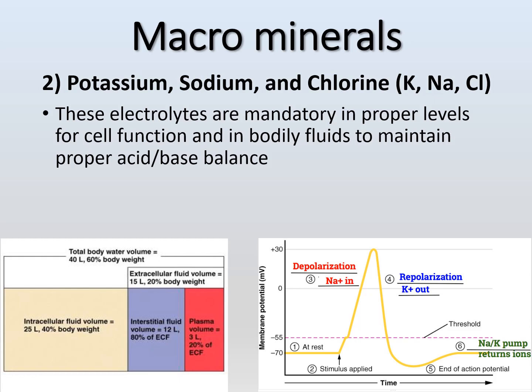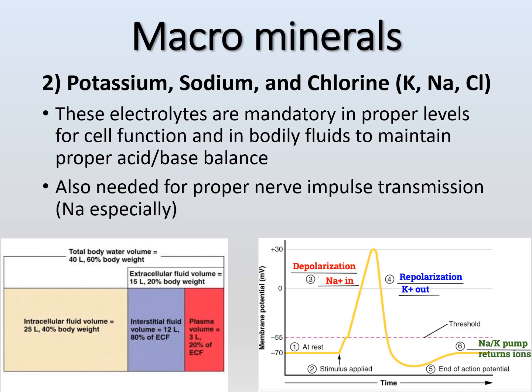Plasma in our blood is the majority water. So we see these different electrolyte levels in those different bodily fluids, and it's very important to maintain the proper levels of them. Okay, so we'll talk a little bit more about that.